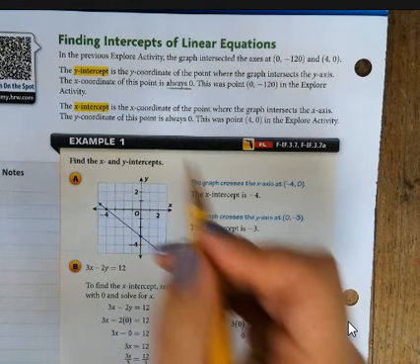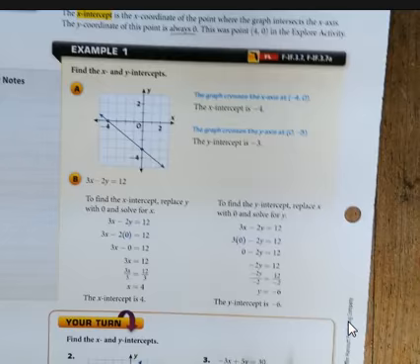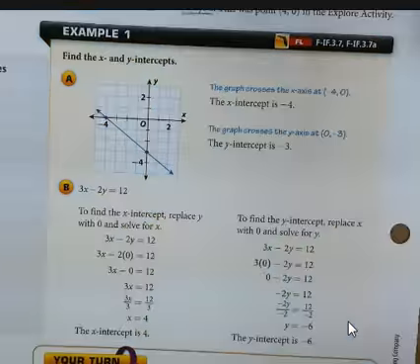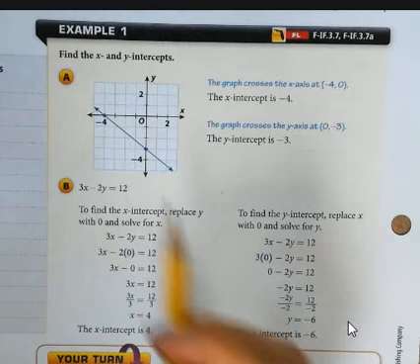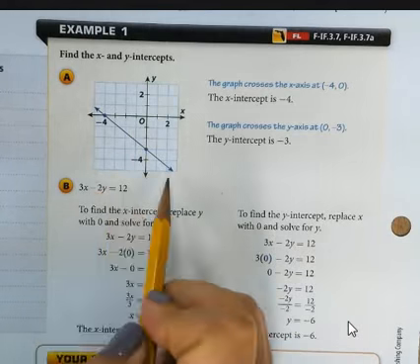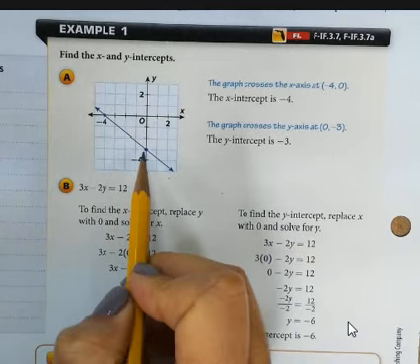It says to find the x- and y-intercepts. Here you have your coordinate plane, and in blue you have your diagonal line cutting across the x-axis and the y-axis. In this case, your x-intercept is -4, and your y-intercept is also -4.